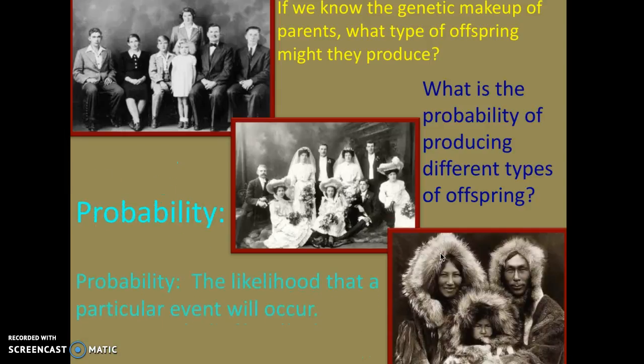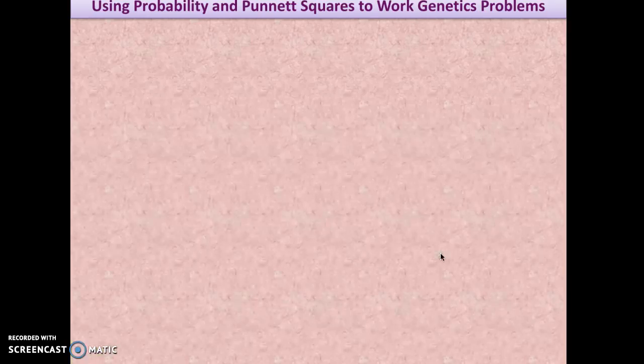And remember, probability is the likelihood that a particular event will occur. So what is the chance that this thing is going to happen? So what are they going to look like, and what is the likelihood that they're going to end up looking that way? And the tool that we use in biology to do this is a Punnett square.